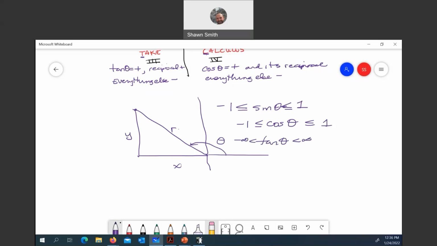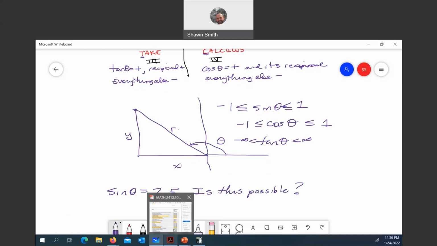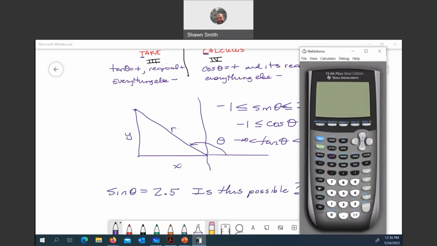So if I say the sine of theta is equal to 2.5, is this possible? Well, even if you don't remember what their outputs can be, put it in the calculator.